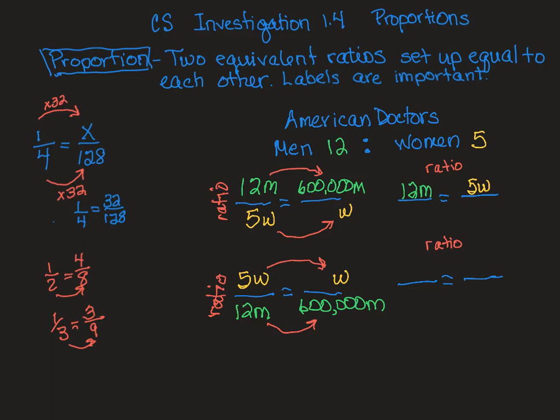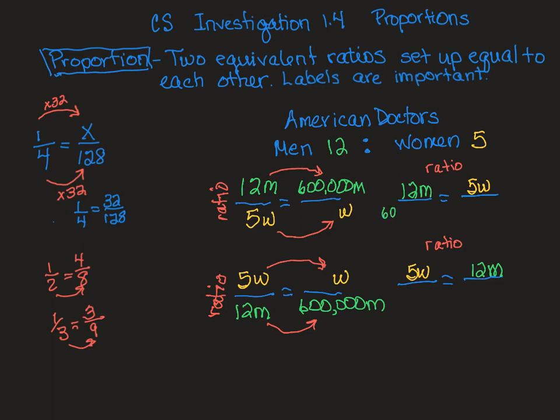I could also do 5 women to 12 men. So I'm keeping the ratio across from each other. So it's across. There's the ratio. Now I have that 600,000 men. So where would that go? Well, that would match with the men, right?